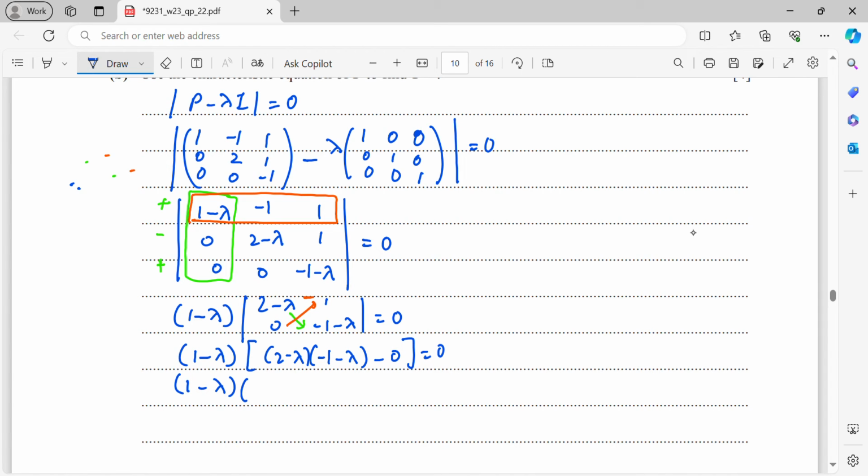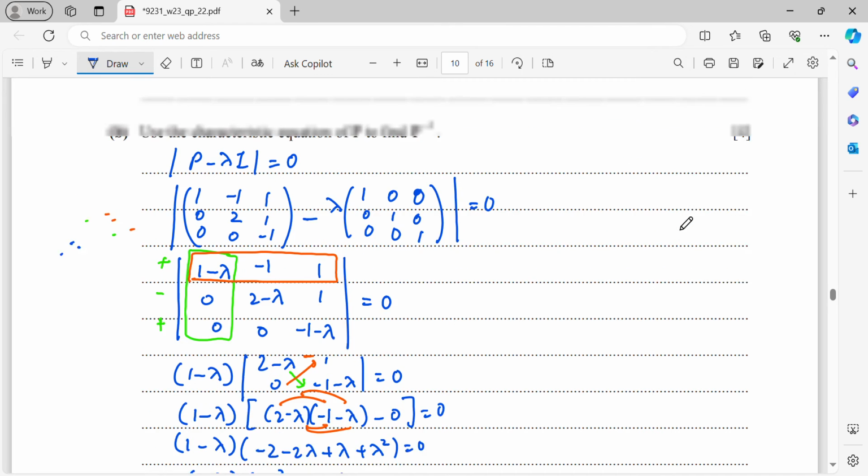Now here I will just do multiplication. Okay, multiply first. So that is going to be minus 2 lambda plus lambda squared. Then now here, when you simplify, the 4 terms becomes lambda squared minus lambda minus 2.